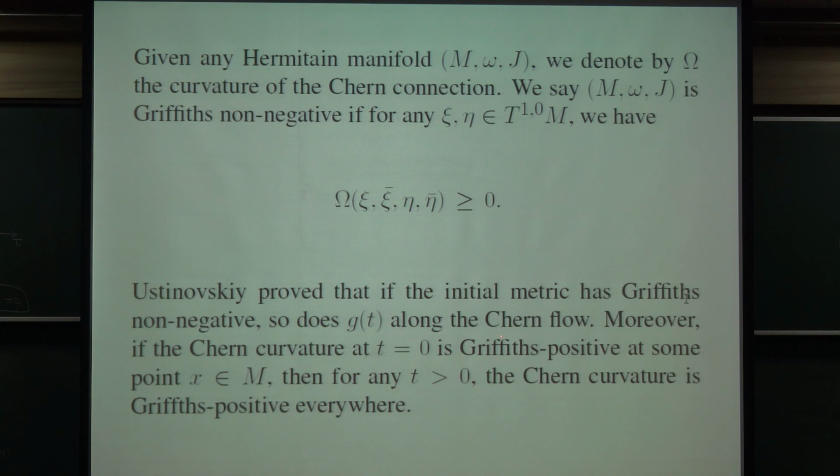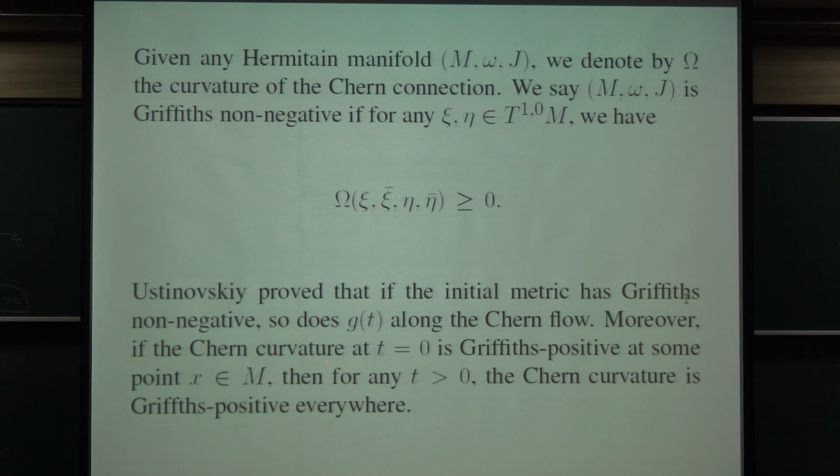I probably shouldn't say Chen flow, it's the Hermitian Chern flow. Moreover, if the Chern curvature is Griffiths positive at one point for t positive, then the Chern curvature is Griffiths positive everywhere.